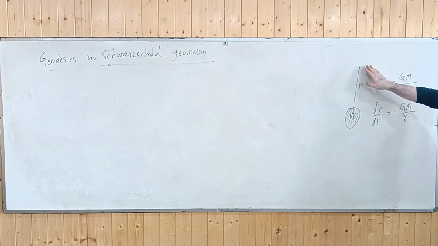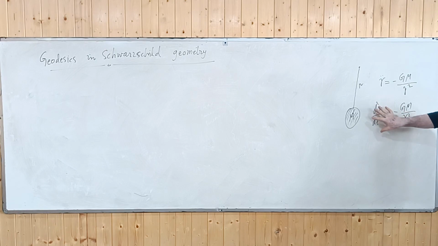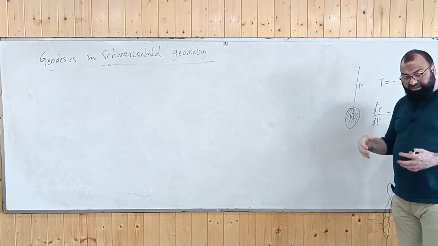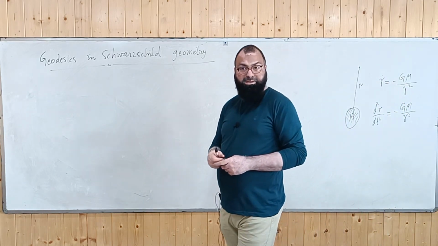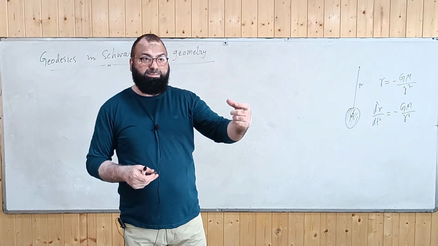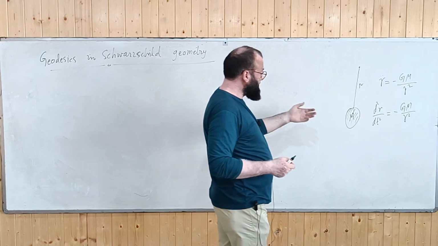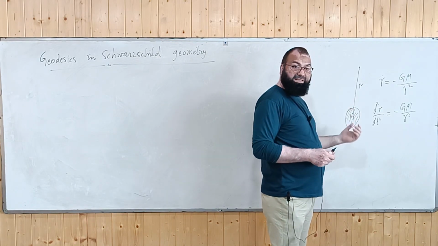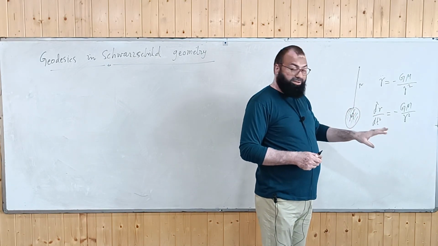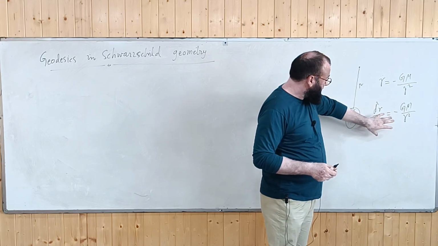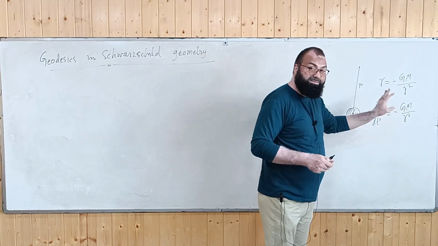In that sense, time is absolute for everything. So this will be the trajectory, and this r will be the distance of separation between the two bodies: the test particle, what we call the observer, and the center of the mass producing the gravity. Got it? It should now be clear what these things mean.